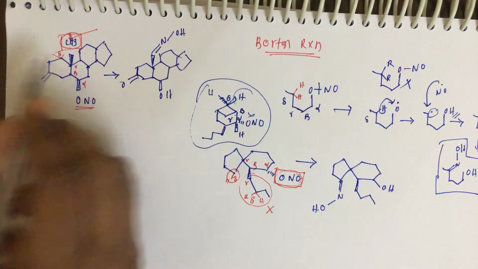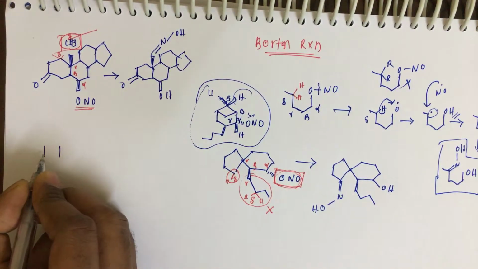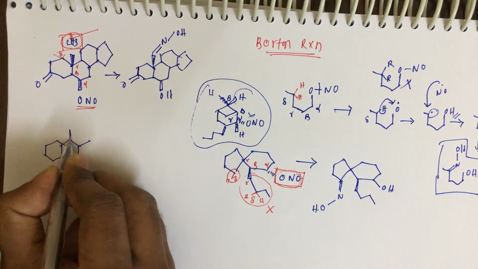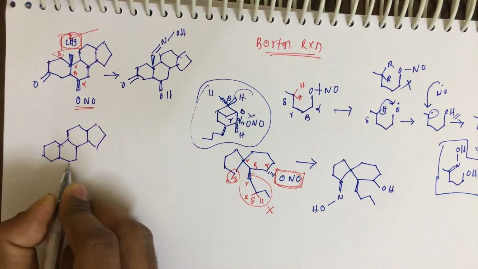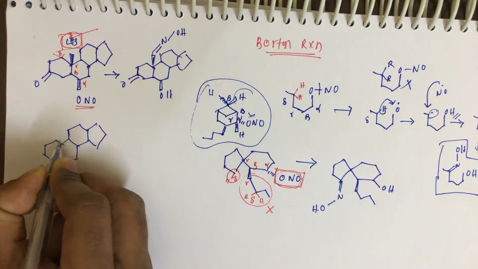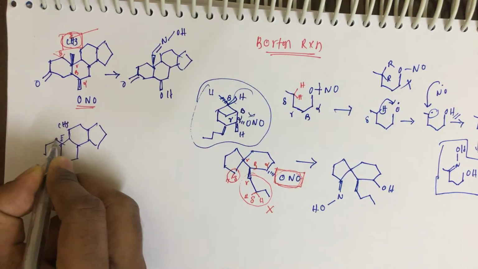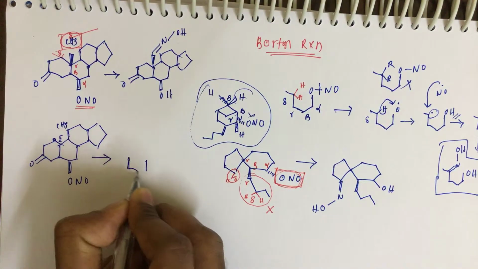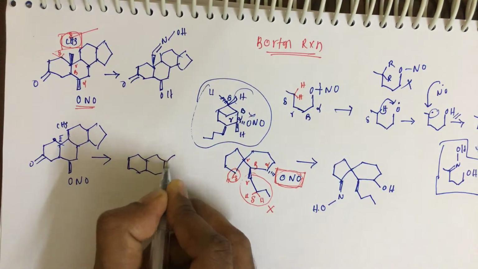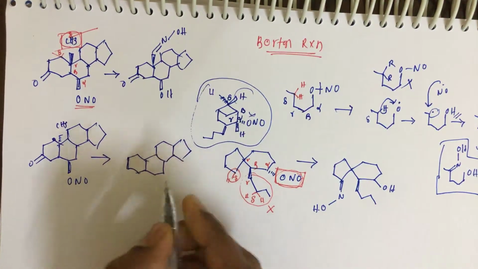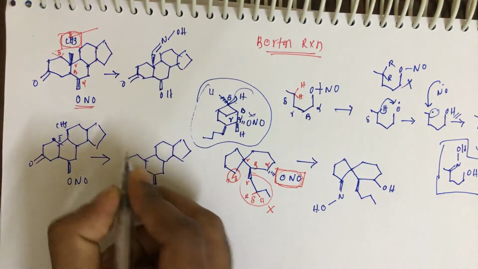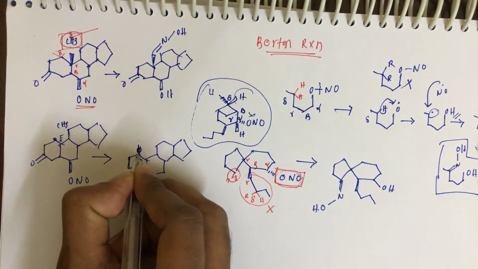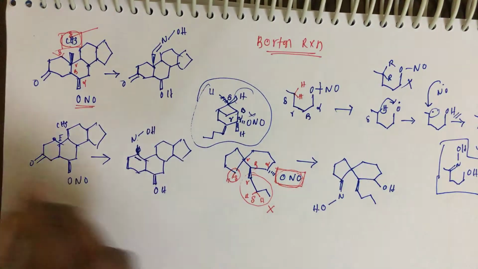So if it is below the plane, like this is above the plane, and if it is below the plane, in this case this position will be involved in the reaction, and the product we'll get here is this will be OH, this will be N OH. So this will be the product here.